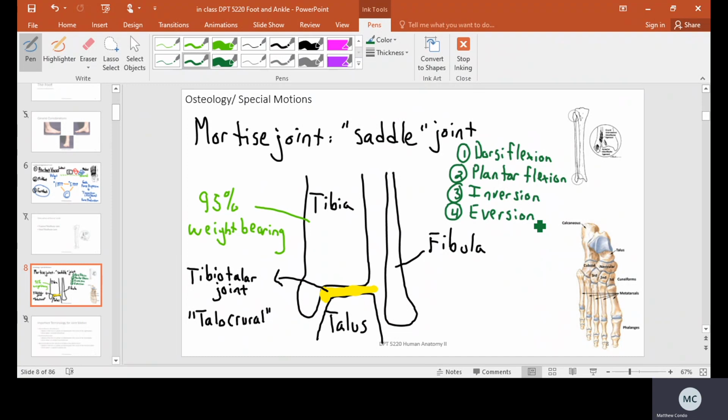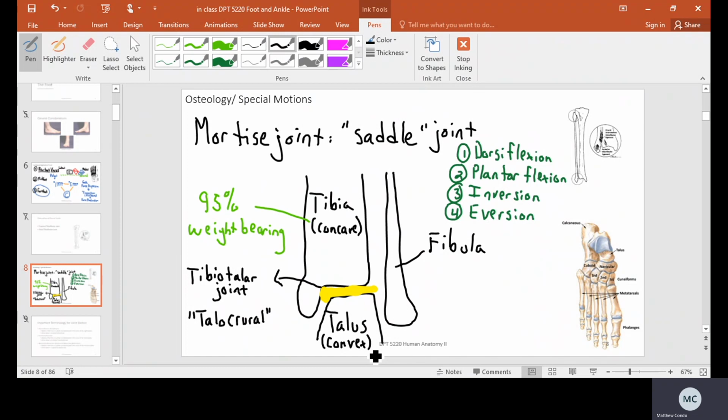What we are going to see, and this is a little bit of an odd concept because it's not going to seem real intuitive, but the tibia is going to be considered my concave surface. And the talus is going to be the convex surface.